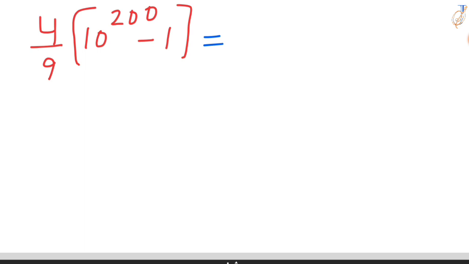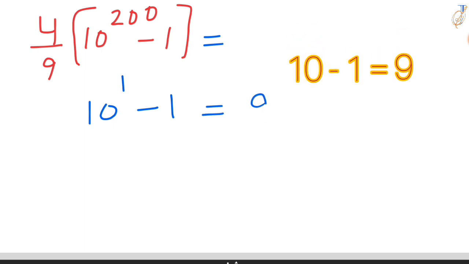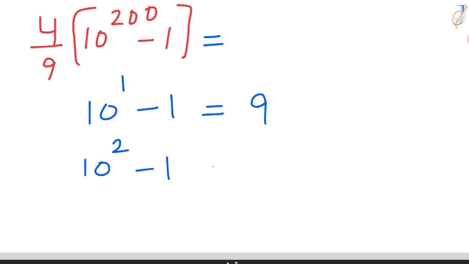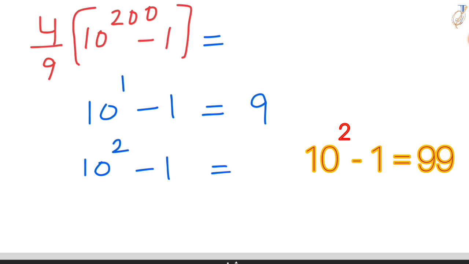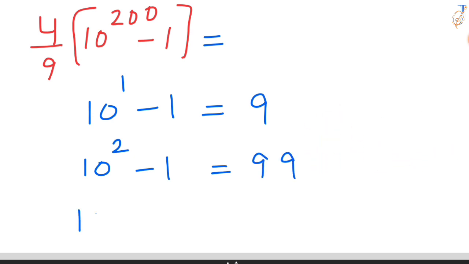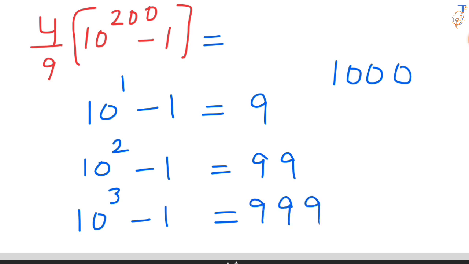Before solving that, just observe this. If you write 10 power 1 minus 1, what is your answer? 10 power 1 value is 10 minus 1 is 9. If you take 10 power 2 minus 1, 10 power 2 is 100, 100 minus 1 is 99. If you take 10 power 3 minus 1, 10 power 3 is 1000 minus 1 is 999.